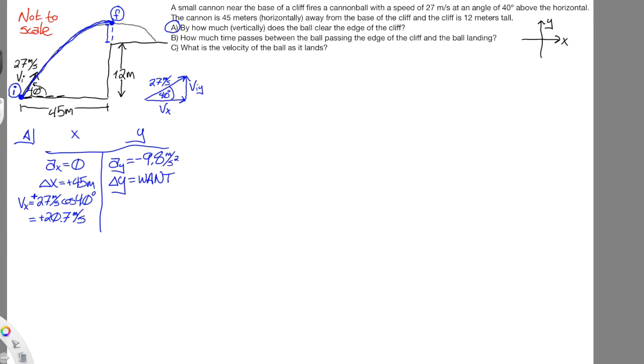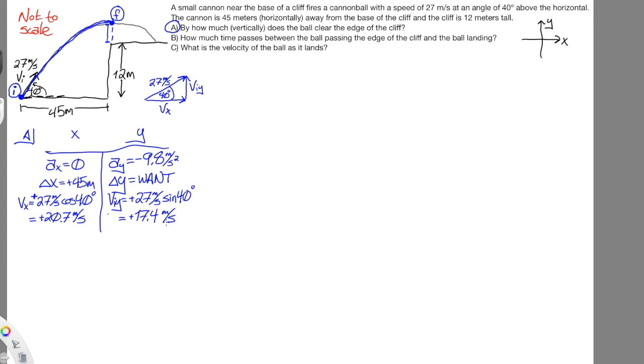We can do the same thing with our y direction, v_iy. Again, it's going to be positive, and it's going to be the magnitude times the opposite component, which goes with the sine of theta, which gives us a number of positive 17.4 meters per second.